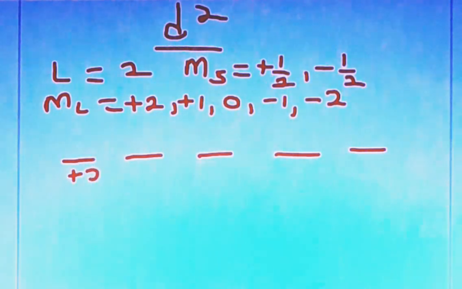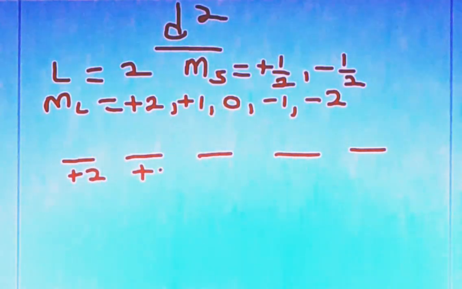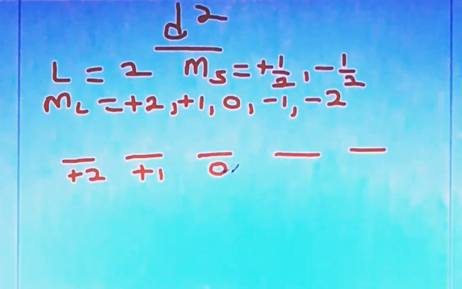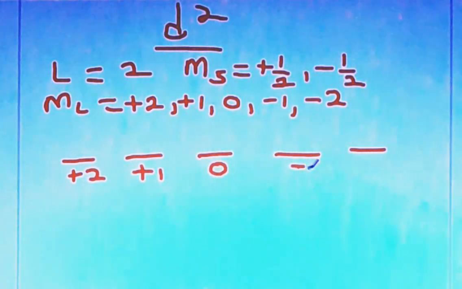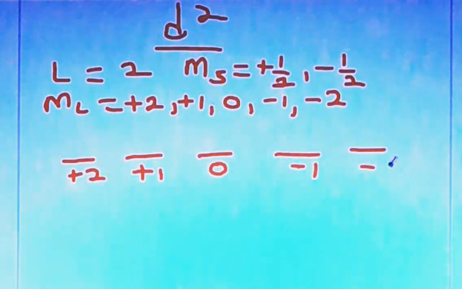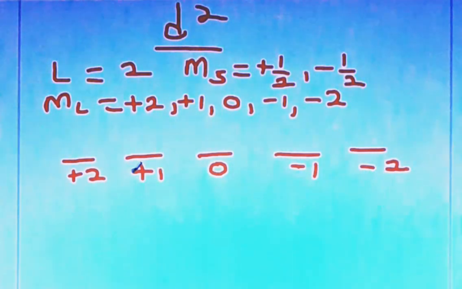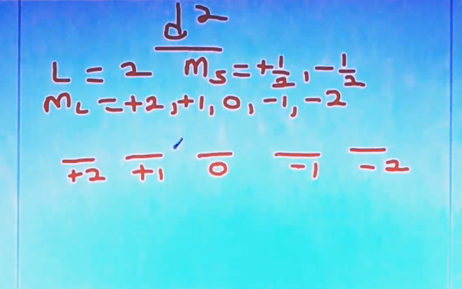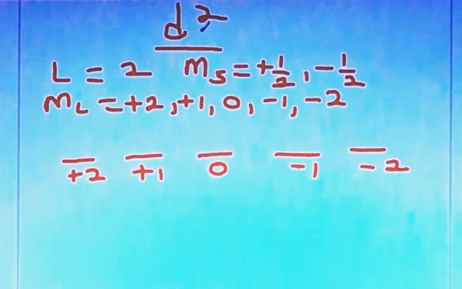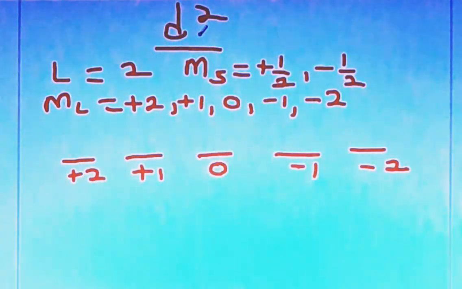So we have here plus 2, plus 1, 0, negative 1, negative 2.